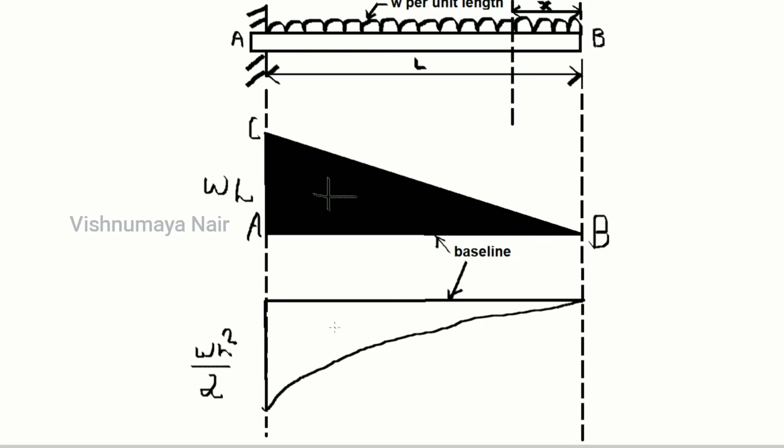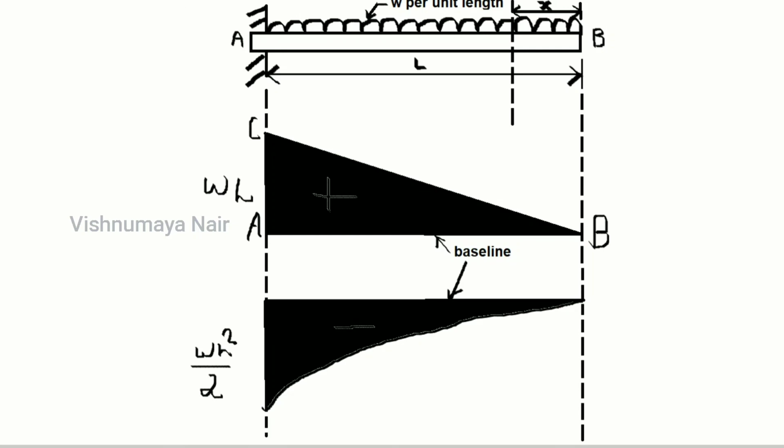And the bending moment is negative. And you can shade the region as well. And you can mark the ends A, B. Here you can mark it as A dash. So this is the shear force diagram and this is the bending moment diagram.